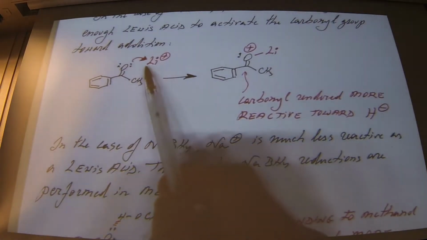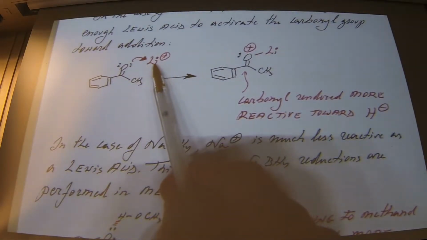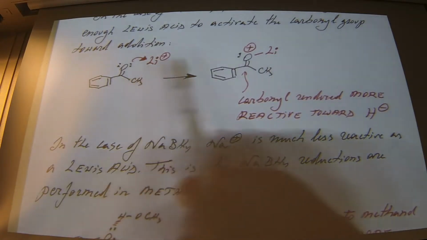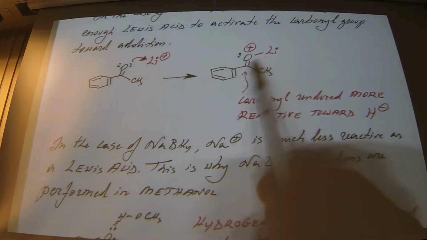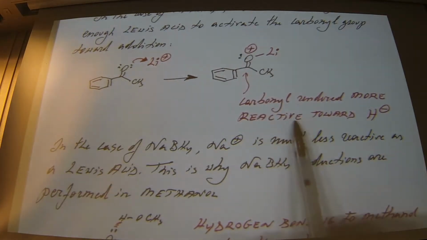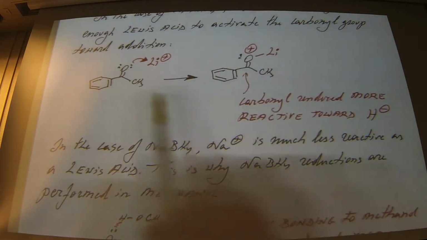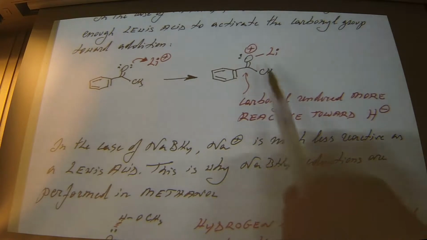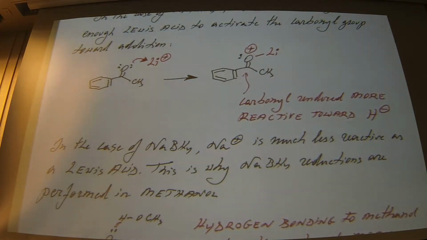So that happens here. In the case of lithium aluminum hydride, the lithium cation acts as the Lewis acid that activates the carbonyl. And so this carbonyl now is activated towards hydride. It's more reactive than the one without the lithium stuck onto it.